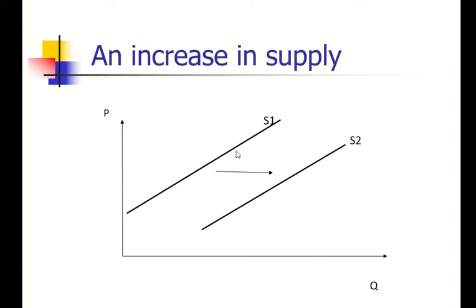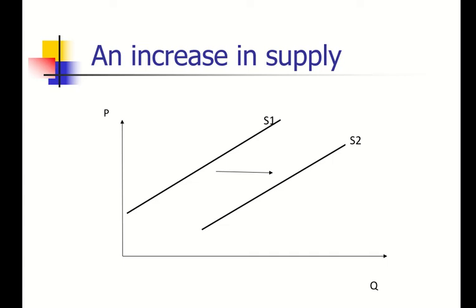So hold the price constant. The quantity supply on the new curve is always larger than the old curve. So that's an increase in supply. Notation is very important here.